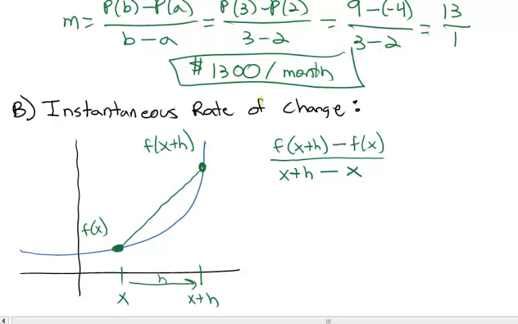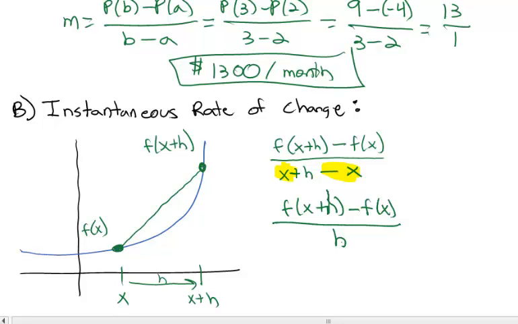And you might notice this is nice because we've got plus x minus x. That subtracts out to 0. So we're going to simplify this a little bit to f of x plus h minus f of x all over h, which is really what we just did before.